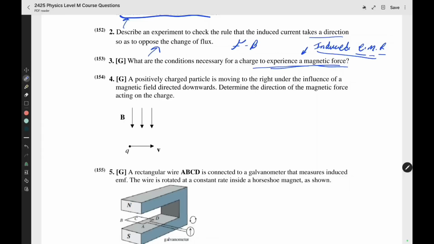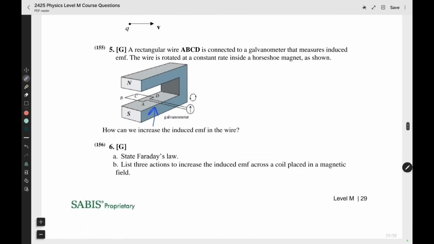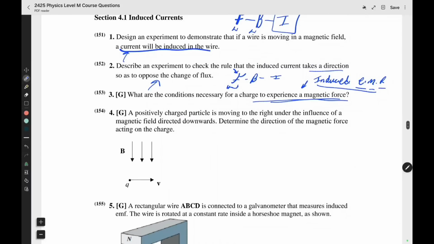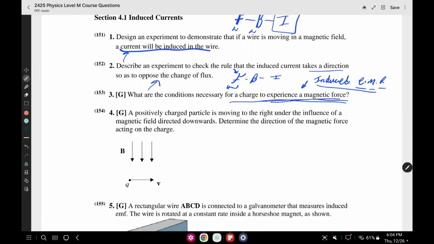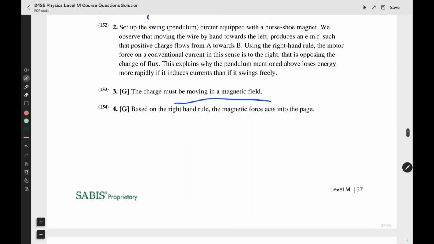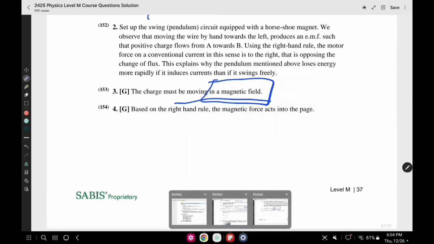Remember, F, B, I. So there needs to be a force. If you get this coil and you don't move it, there won't be any induced EMF. There won't be an induced current. So for that reason, it needs to be in motion. It can't be at rest. If you look at the answer, it's very easy. The charge just has to be moving, obviously in a magnetic field. If it's not in a magnetic field, there won't be any EMF.